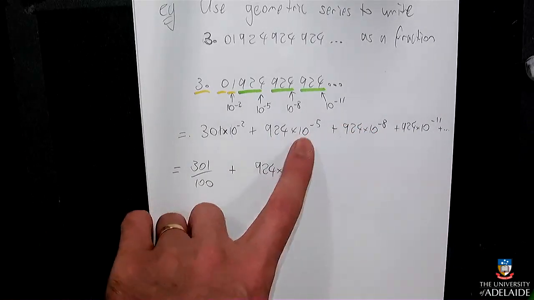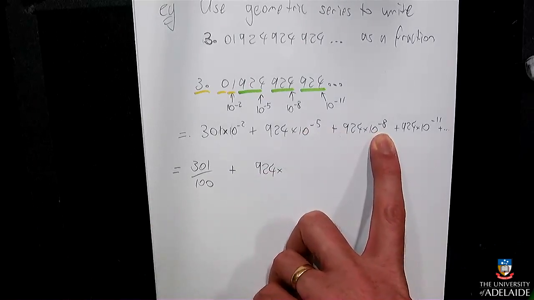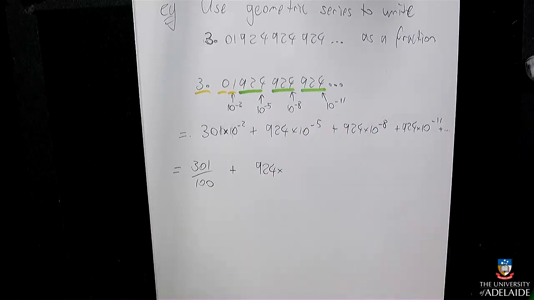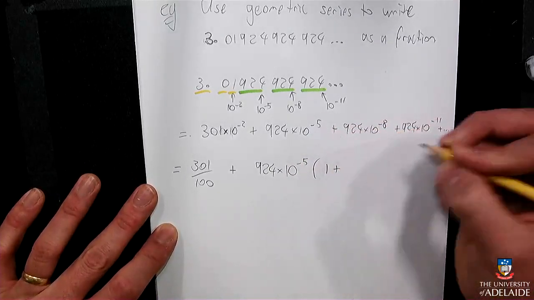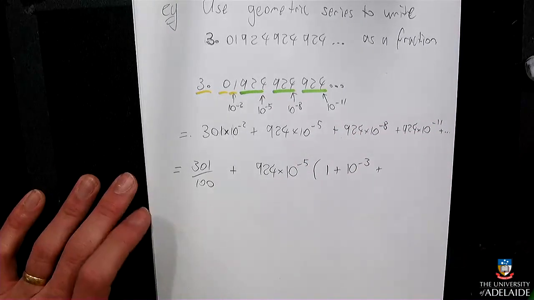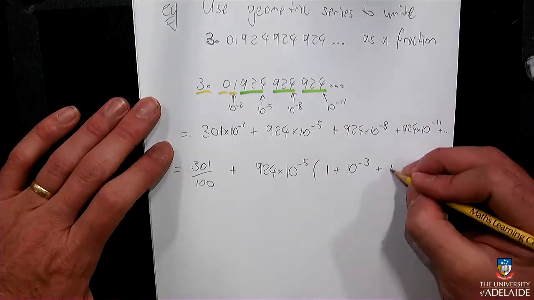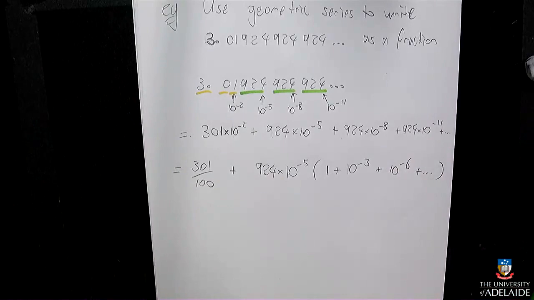If I removed a 10 to the minus 5 from this one, it would leave me a 10 to the minus 3, because when you divide by 10 to the minus 5, you subtract minus 5, which is the same as adding 5. And for this one, when I remove the 5, 11 minus 5 is 6, so I'll get 10 to the minus 6, forever. Doing very well.